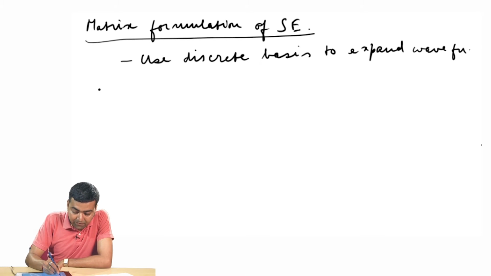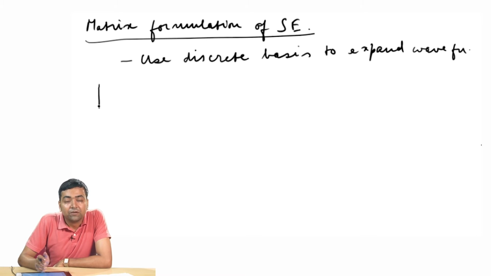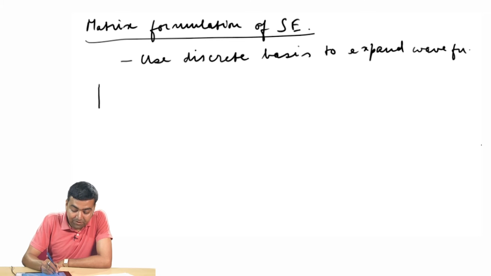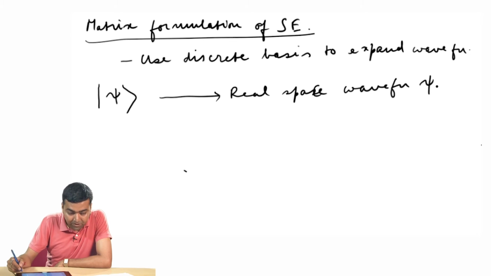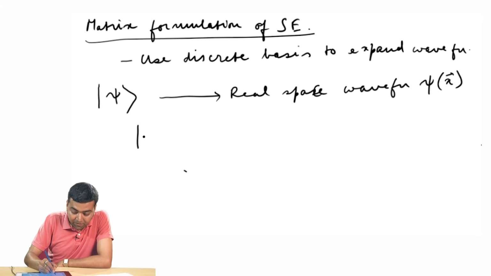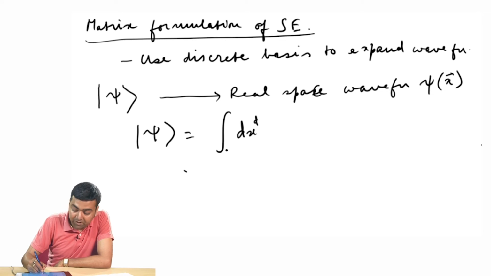I will use the bracket notation, and I assume that you are familiar with it. In bracket notation, the wave function psi can be related to its real space wave function, which I denote as psi of x, using the following equation. Psi is an integral over d dimensions; it can be valid in 1, 2, 3 or multiple dimensions.